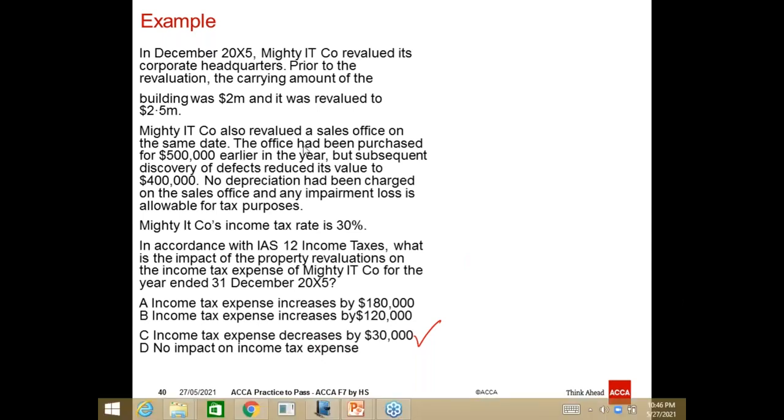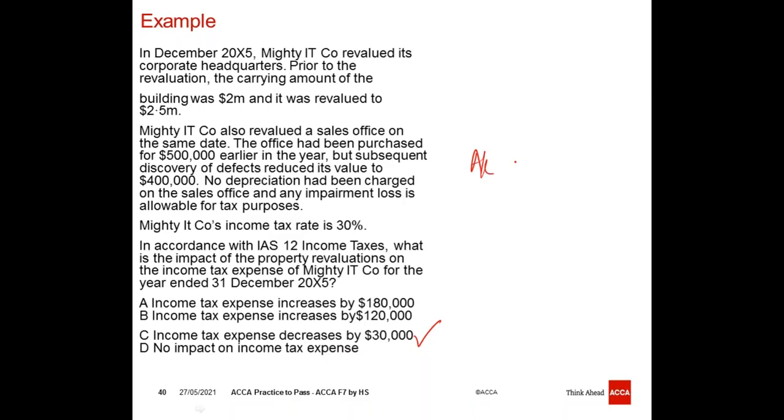Now, in this question, the sales office had been purchased for 5 lakh. This one is accounting and this one is taxation. So 5 lakh is the price at which we have purchased. Subsequently, it was discovered that the defect reduced its carrying value by 400.